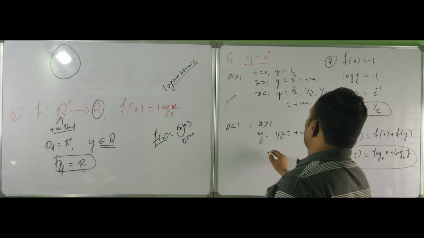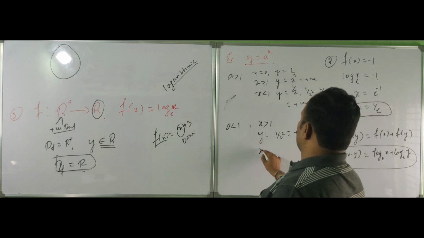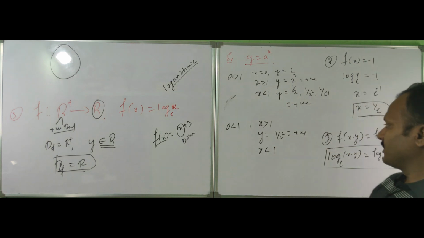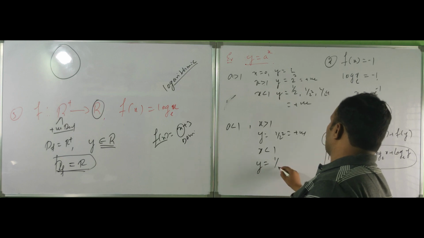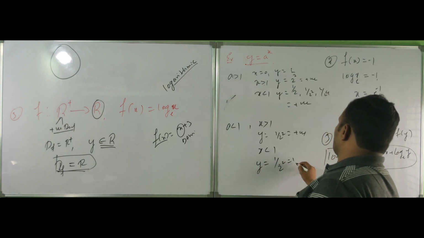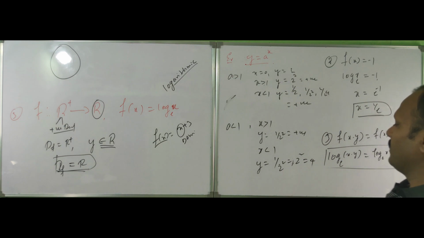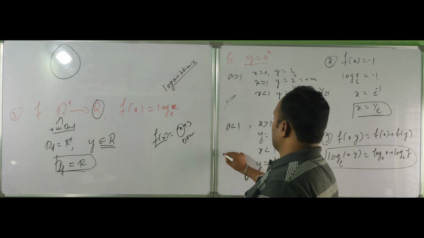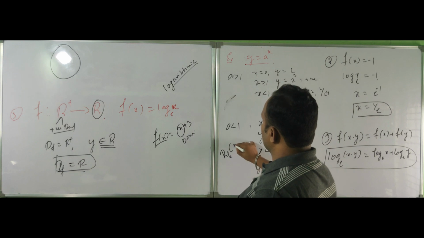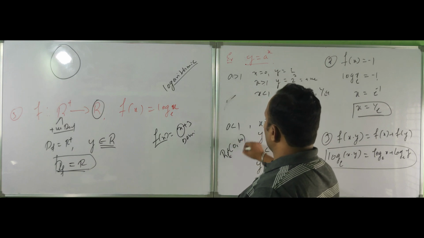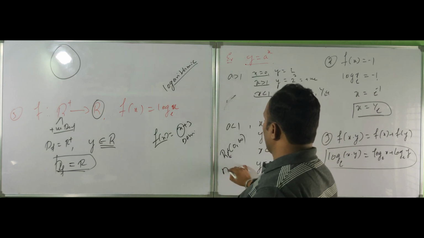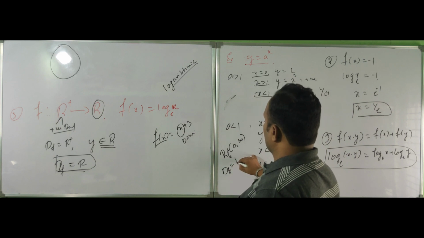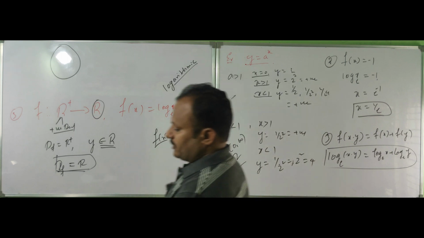If x is less than 1, listen carefully, y is equal to 1 over 2 to the minus 2, this becomes 2 to the power 2, which is 4. So for the exponential function, the range belongs to 0 to infinity, and the domain you can take x equal to 0, x equal to 1, x less than 1, so the domain becomes R.